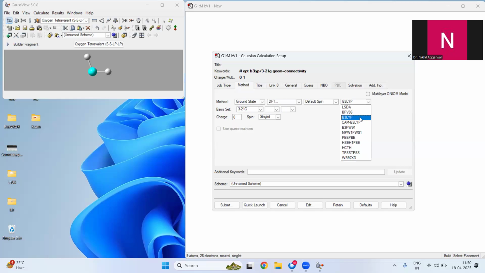So Devraj, omega B97XD, Ravina, B3LYP. See, these things you have to fix before you switch on to your own calculation. Del says B3LYP, and that is the reason in literature you find B3LYP is frequently used.